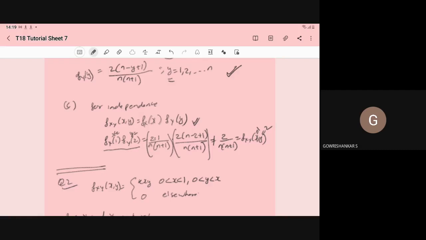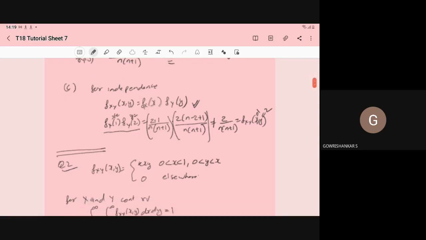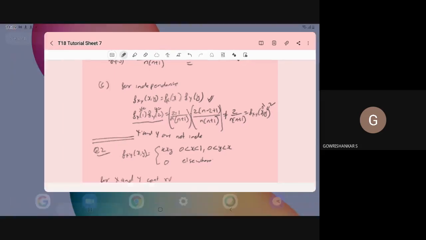So that is not equal to this. So here you can say x and y are not independent. So here we have some basics for the discrete random variable in the case of the joint distribution.